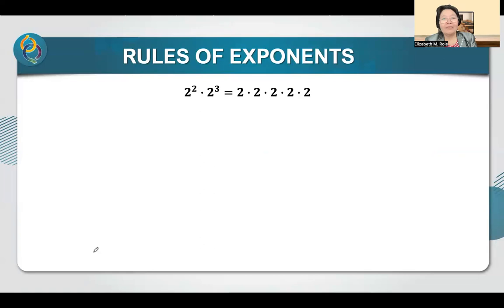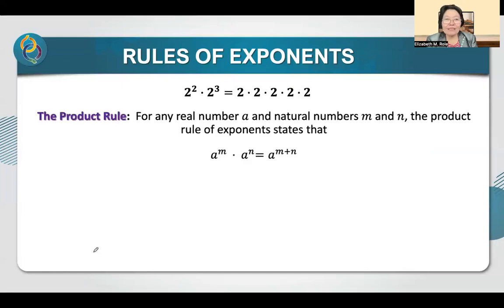How many times did we multiply? 5. And 5 is taken from the sum of 2 and 3. So please note, one of the rules is the product rule.